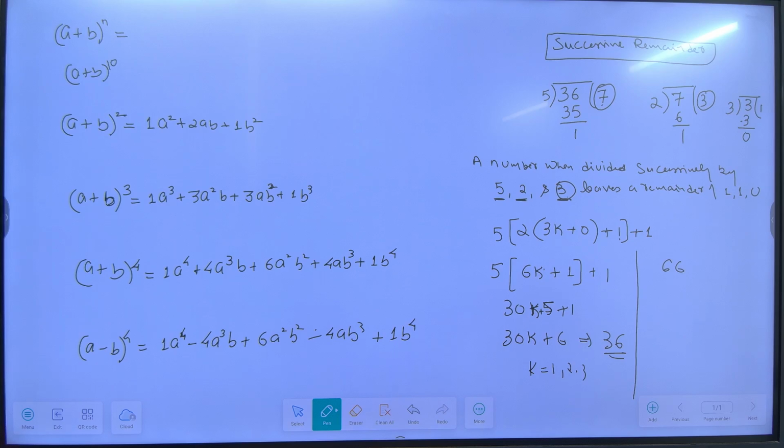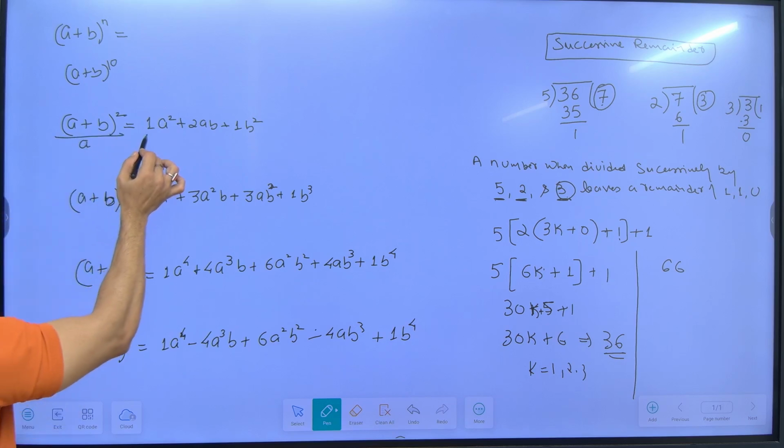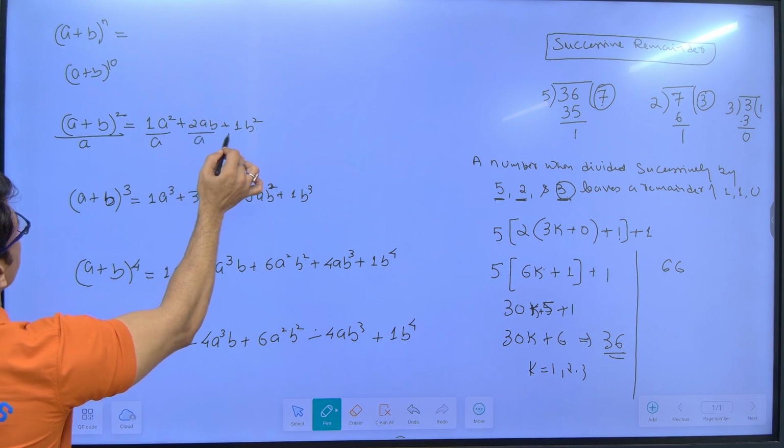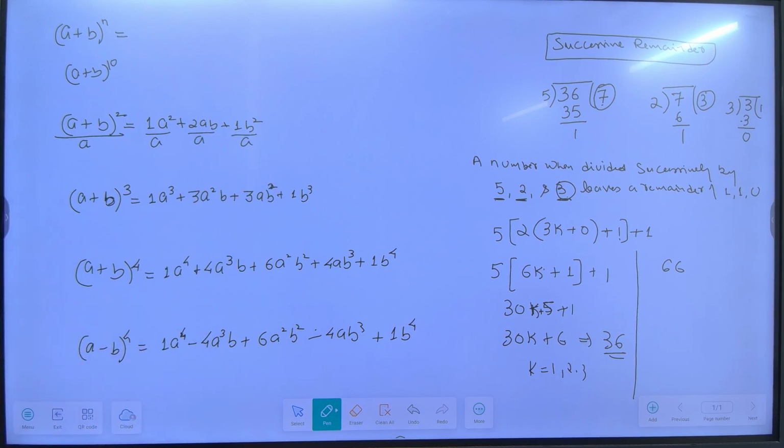The power of a is 10, 9, 8, 7, 6, 5, and in the last term a will vanish, right? Now, if I ask you to divide this whole thing with a, can we say this is same as dividing each term with a? Yes? Dividing each term with a.